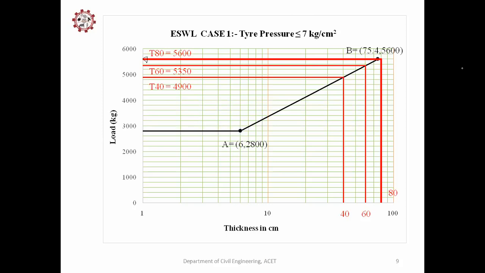Sometimes you may get approximation values, but they should come nearer to these values only. There may be a drawing error. Some are taking the other scale on the y-axis. So you may get some variations, but it may be approximately these answers only.